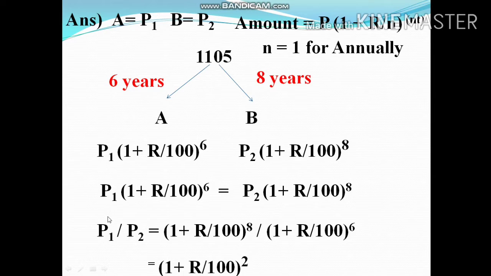Let us bring the P2 this side. P1 by P2 is equal to (1 plus R by 100) whole power 8 divided by (1 plus R by 100) whole power 6, that equals (1 plus R by 100) whole square.